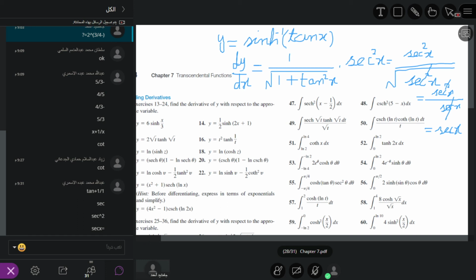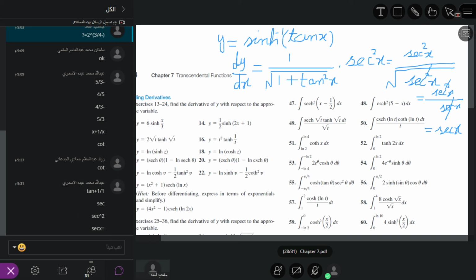We also know that 1 plus tan square x is equal to sec square x. Now the square root cancels, so sec square divided by sec square root gives sec x.